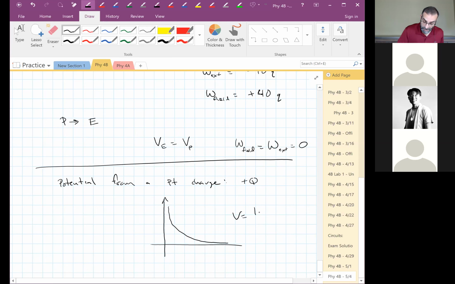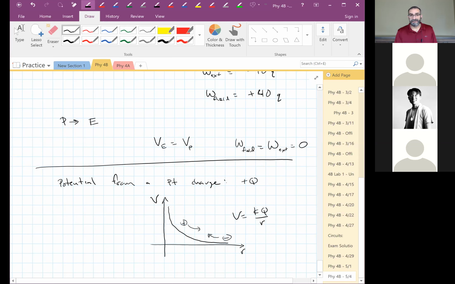V is kq over r. That's potential as a function of r. And we know that positive charges want to move to lower potential because that's the direction the electric field points. Negative charges naturally want to go to higher potential.